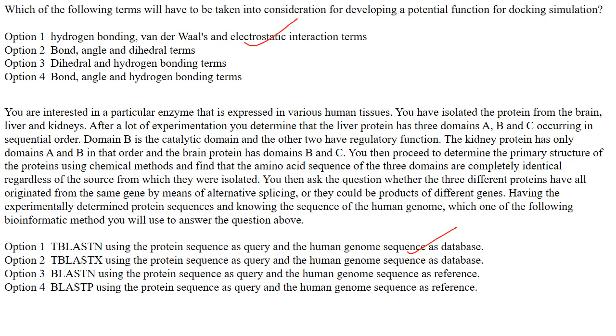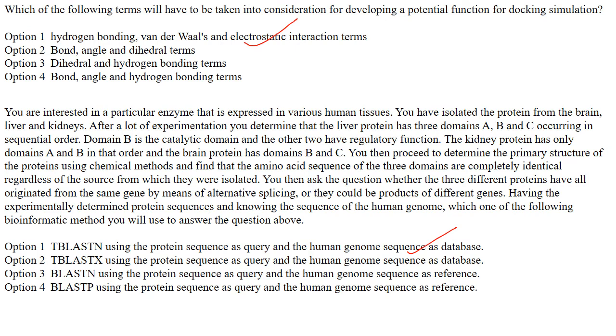In other words, it is the study of how two or more molecules, that is ligand and protein, fit together, both energetically as well as geometrically. So, the terms taken into consideration for developing a potential function for docking simulation will be hydrogen bonding, van der Waals and electrostatic interaction terms.